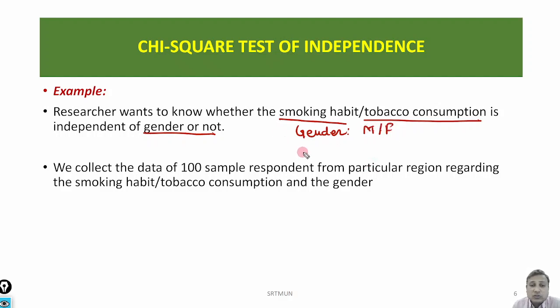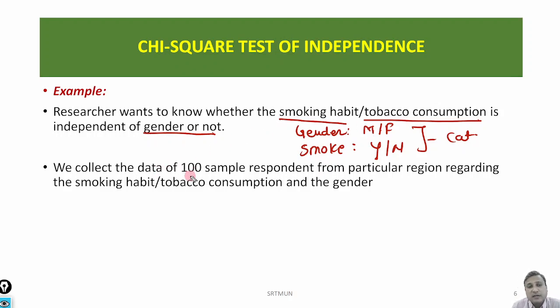And the second question is whether you smoke, and the responses that we are going to get are of yes/no type. Here both the variables are categorical variables, both are nominal variables. In such a case, how can we perform the chi-square test and how to construct the hypothesis statement? All this we are going to discuss here in this lecture.